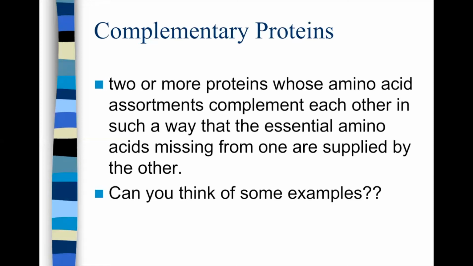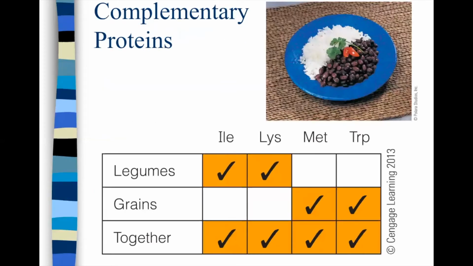Seeds and grains, seeds and dairy, legumes and seeds, legumes and dairy, dairy and grains. And this is a chart showing different foods and which amino acids they have a lot of compared to which amino acids they're low in. And then you can see why the concept of combining them would, in theory, make sense.